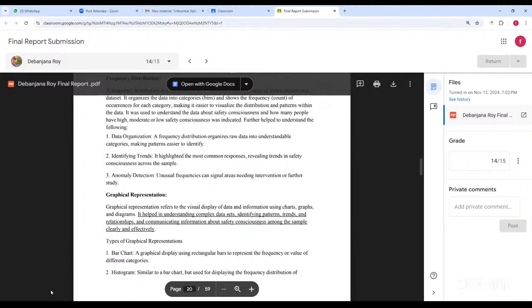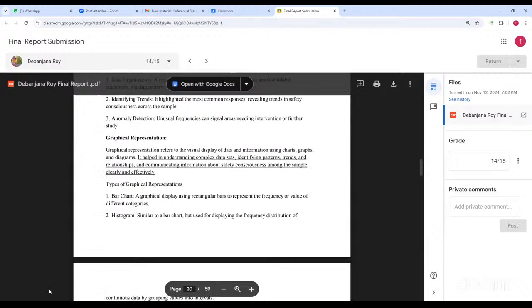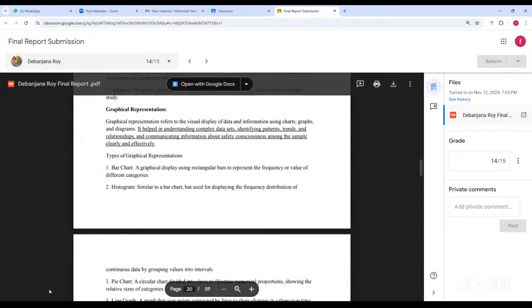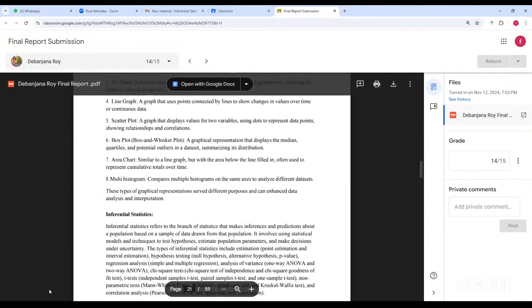Frequency distribution, there you can use the contingency table of frequency. After that, the graphical representation, you can use the pie chart, bar chart, histogram not required. Pie chart, bar chart you can show. Next.